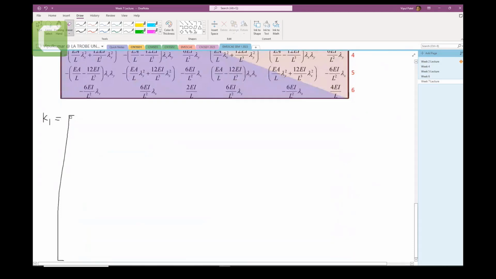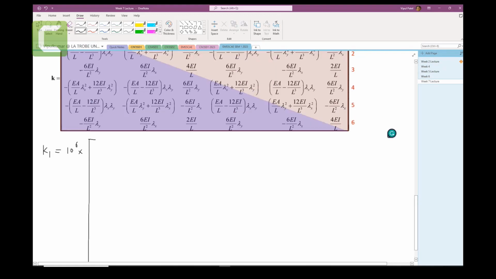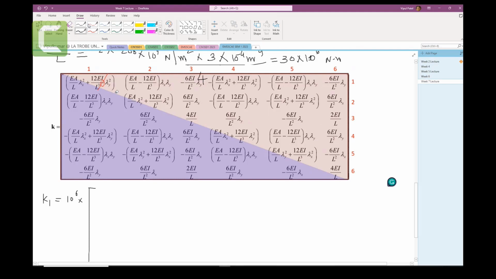You can see this one is 500 times 10 to the power 6.